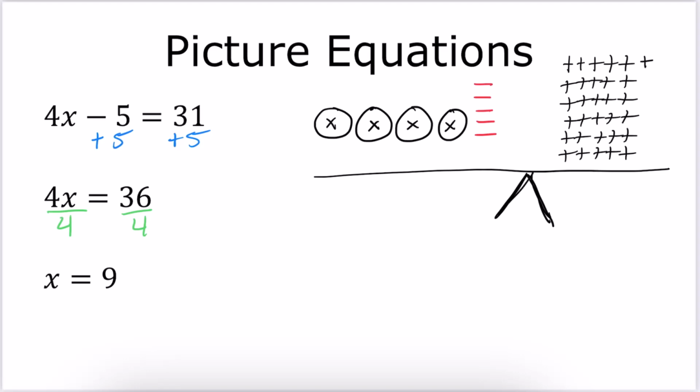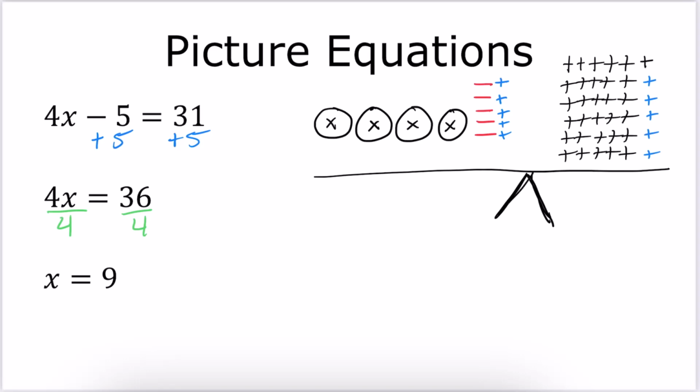It means that you have 4 x's and 5 negatives, and the x's have an unknown number of things in them, and that is equal to having 31 positives. And so when you start solving the equation and you add 5 to each side, that means that you're adding a positive 5 to this side of the equation, and you're also adding a positive 5 to this side of the equation.